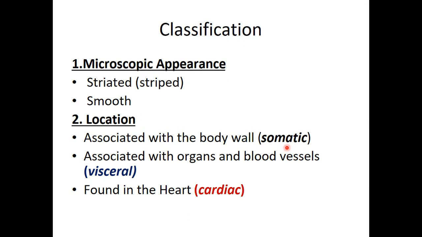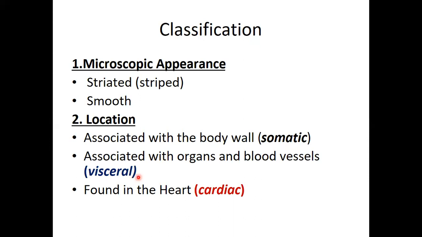Then muscles to do with blood vessels and organs: muscles in the alimentary canal, blood vessels, bladder, ureters, urethra, and uterus. All those are visceral muscles. Then a special type of muscle found only in the heart, cardiac muscle.